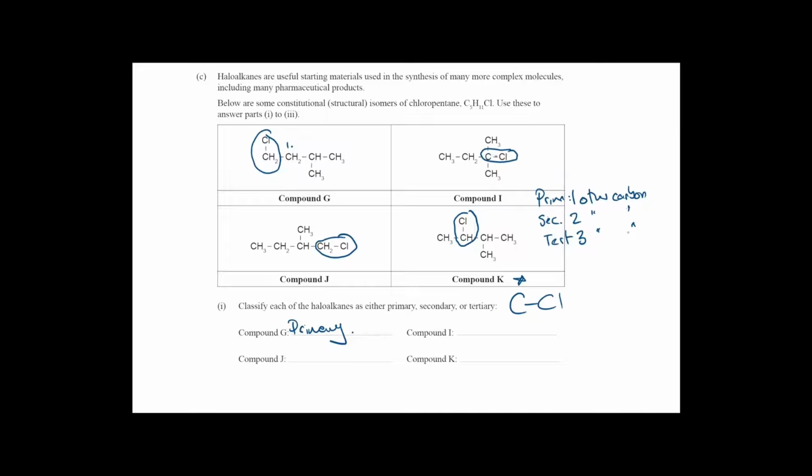I, so this is the carbon that we're looking for. It's attached to 1, 2, 3 other carbons. 1, 2, 3. The Cl is, of course, chlorine. So this is a tertiary. J is this one.